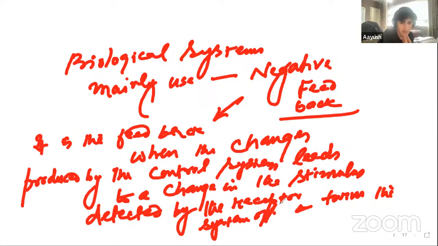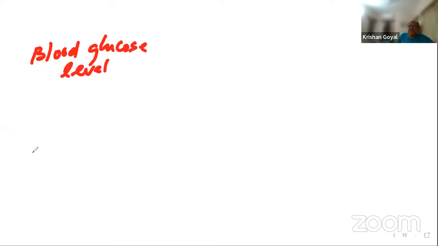Now, what is it? For example, as I told you, suppose there is a blood glucose level. It increases in the body.